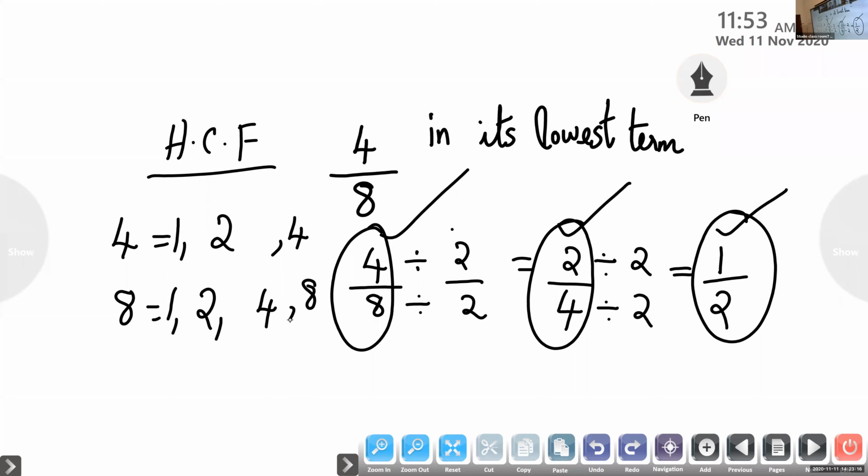So first, what are we writing? Factors of 4. These are the numbers that, when you multiply, give 4. 1 into 4 is 4, 2 into 2 is 4, but 2 we need to write only one time. Factors of 8: 1 into 8, 2 into 4.